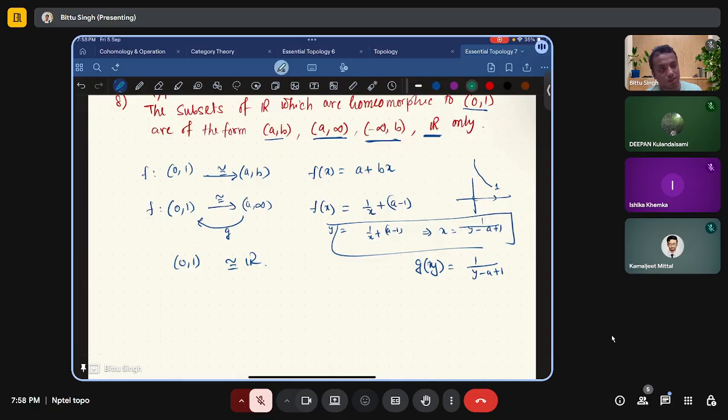So the answer is no. Why? Because we know the property: any connected subset of R is an interval.